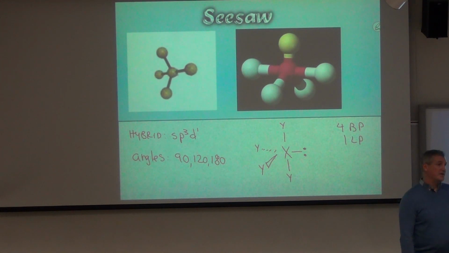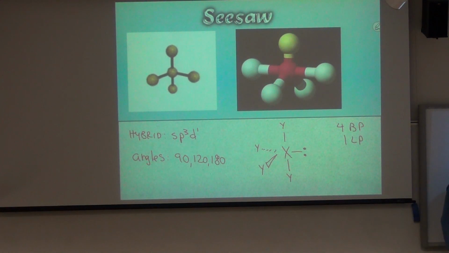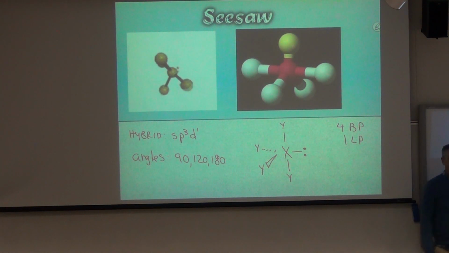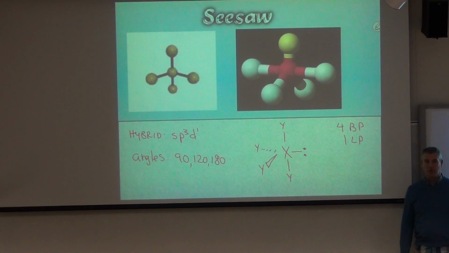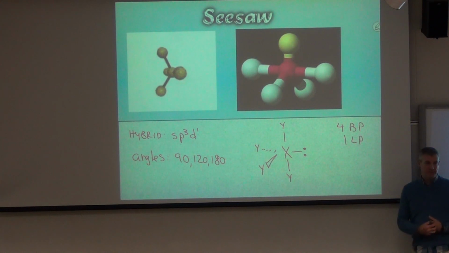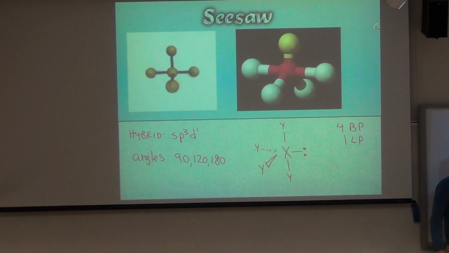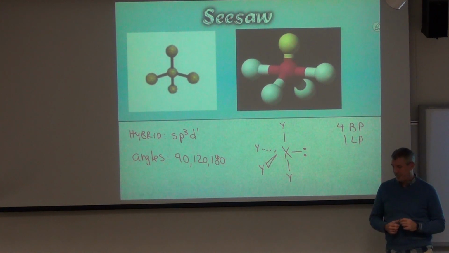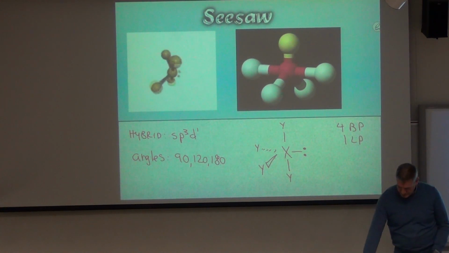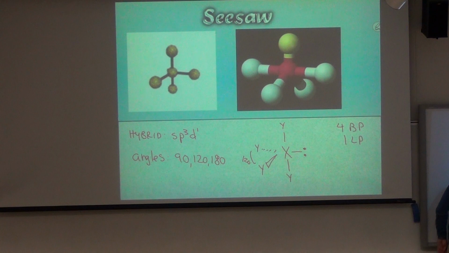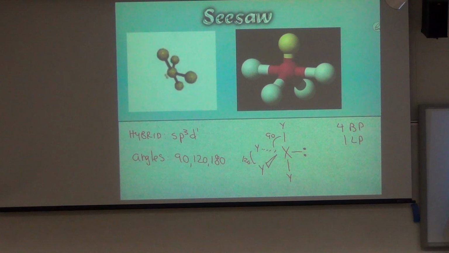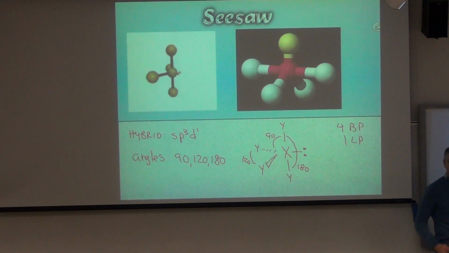And again, it doesn't matter where your lone pair goes, as long as it is one of the 120 degree bond angles that it replaces. So it's not going to be either of your vertical lines. We still have 120 there. We still have 90 there. And we still have 180 from top to bottom.